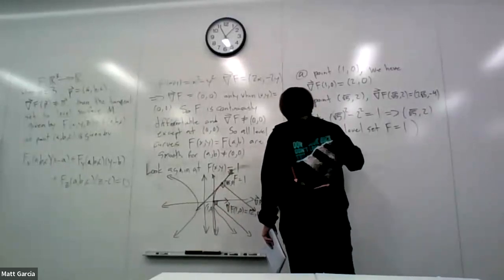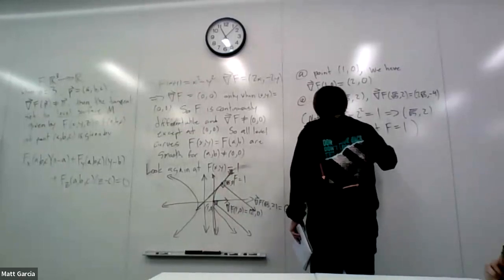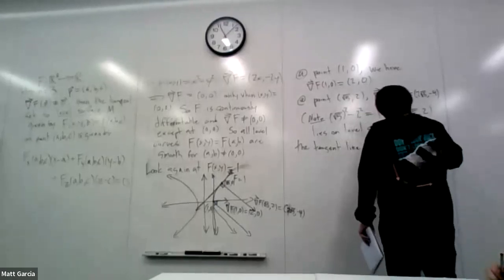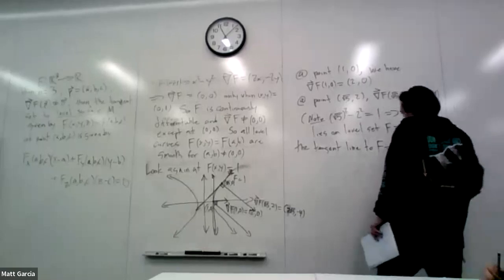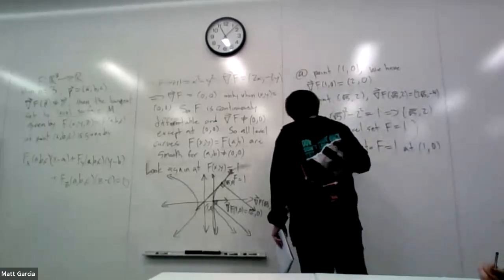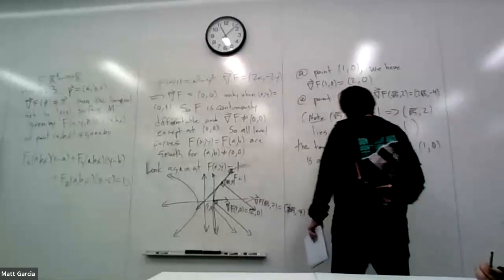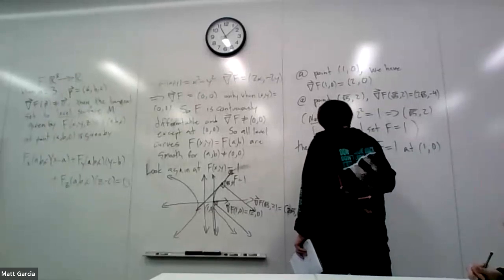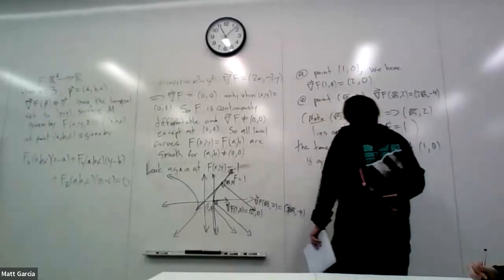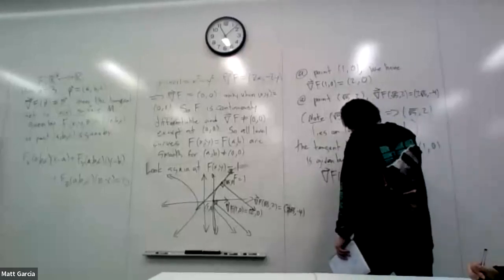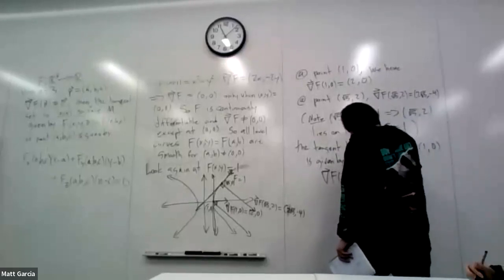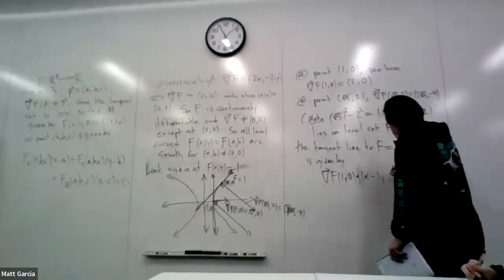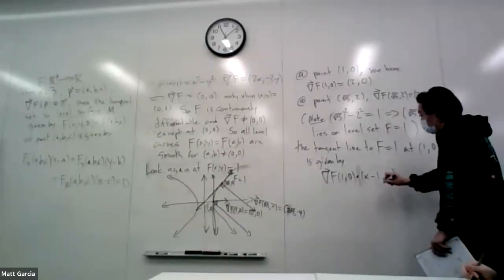The tangent line to the level set f equals 1 at 1 comma 0 is given by, I'll write the definition, the gradient of f evaluated at 1 comma 0 dot product with x minus 1 comma y minus 0.